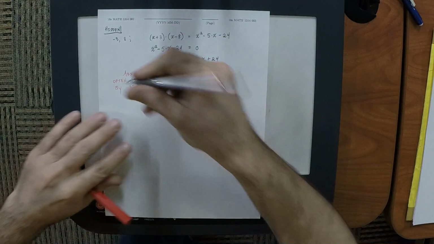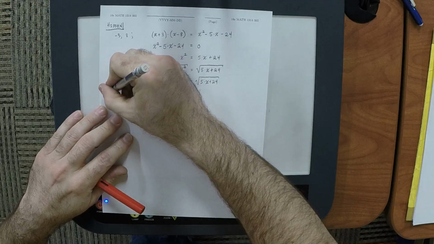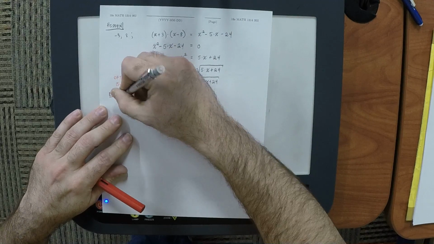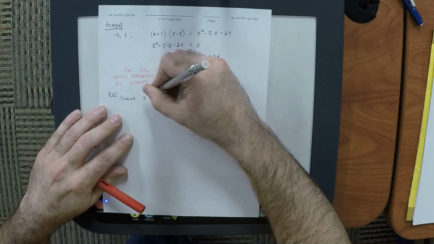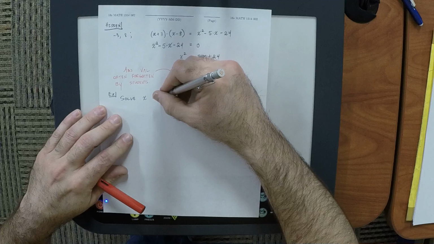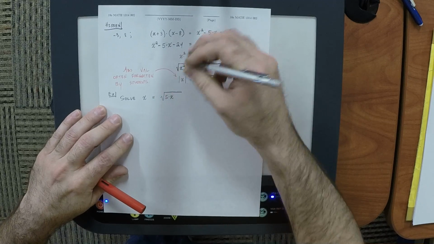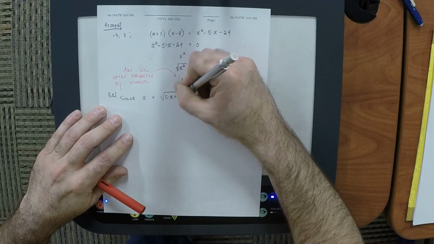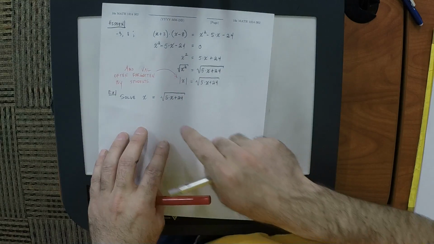So now, again, this is all hidden from view. Here's the exercise. Please solve x equal to the square root of 5x plus 24. Now, conspicuously absent is what?